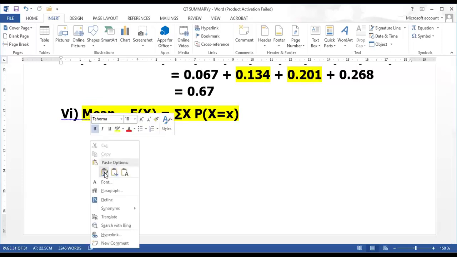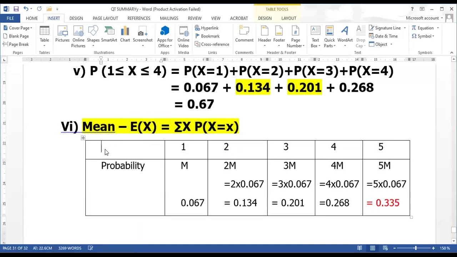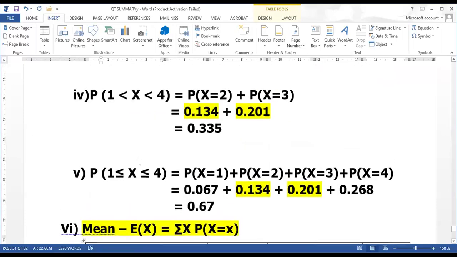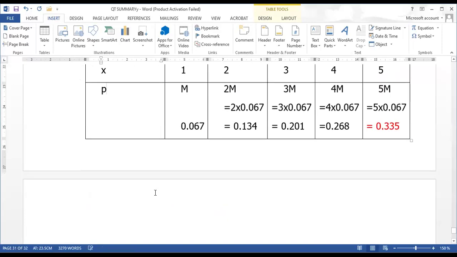From my table, these are values of x. But guys, don't forget, these are values of x. Then this is the probability.